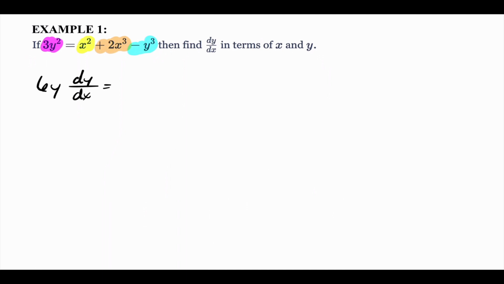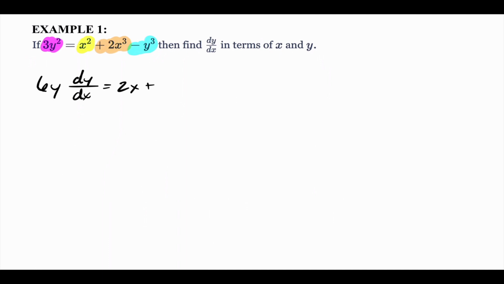The next one was the yellow. What's the derivative of the yellow? 2x. It's just an x, so I don't need to give it the tag. 2x, just like we did last chapter. Orange. Again, another x, right?